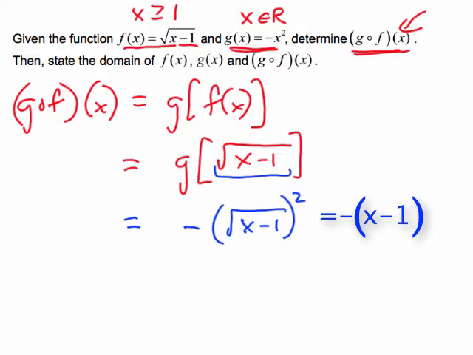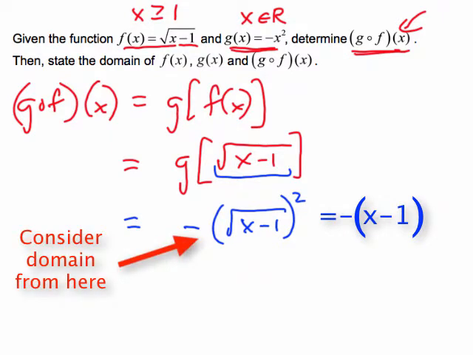So if I look at the domain of my final result, I can see that certainly the overlap is important when considering the domain. Any value greater than or equal to 1 can be square rooted.